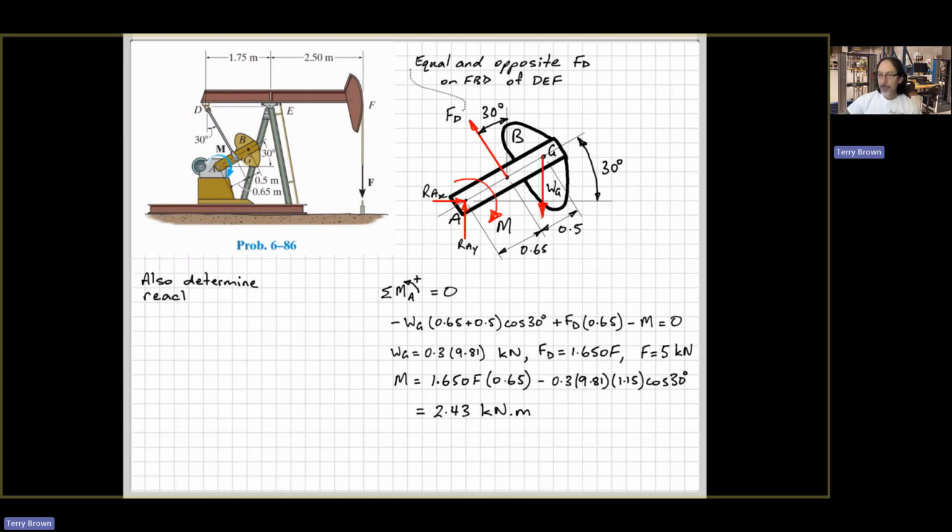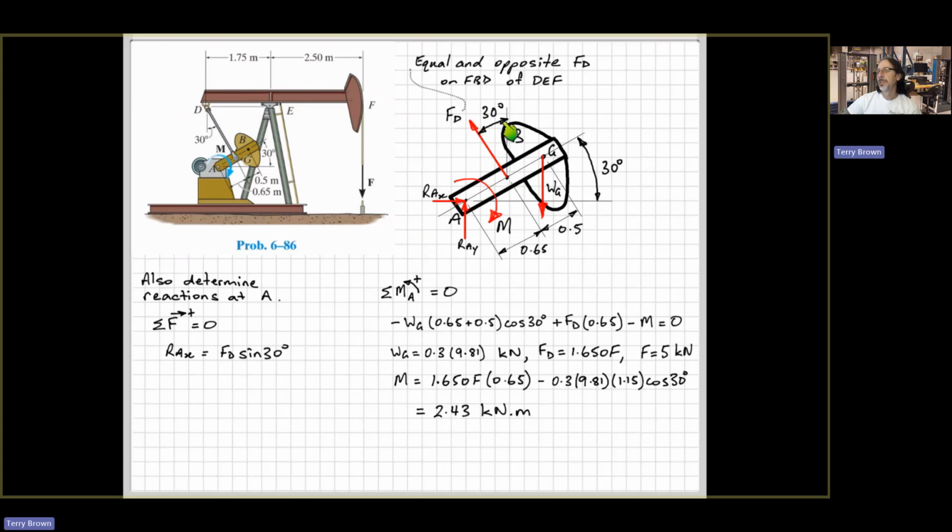So if you also want to determine the reactions at A, I'm not sure if that was asked in the question or not, but just for a bit more completeness of our solution, sum of the forces in the horizontal direction equals 0. So here we have RAX. The only other horizontal force is the horizontal component of FD.